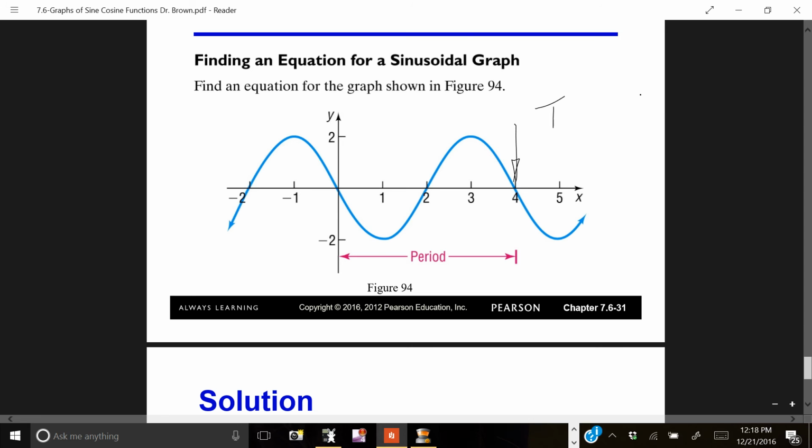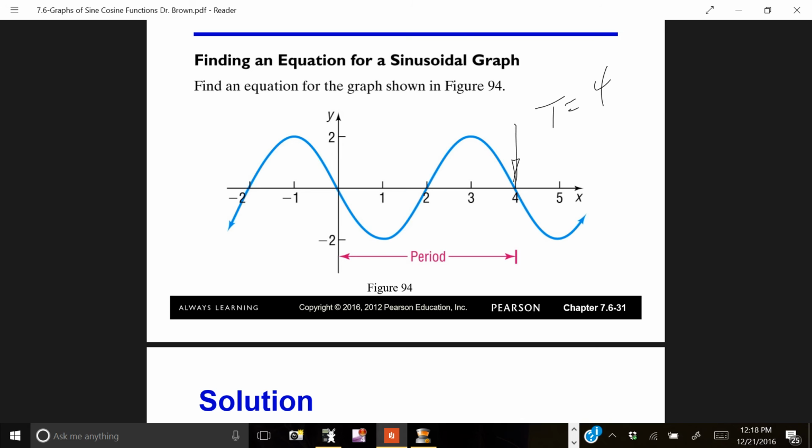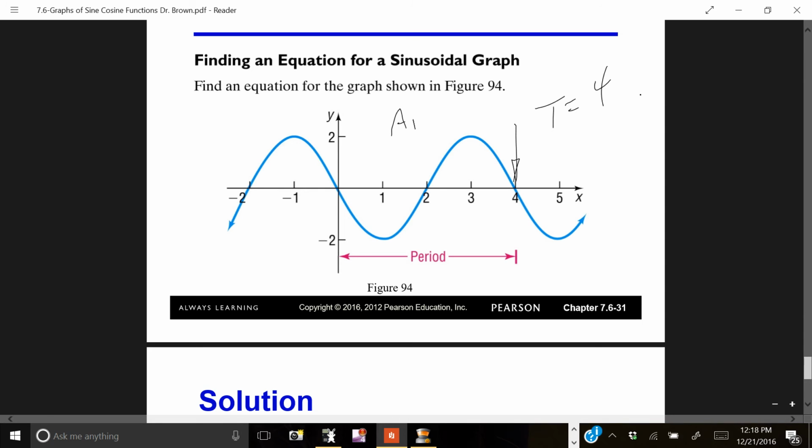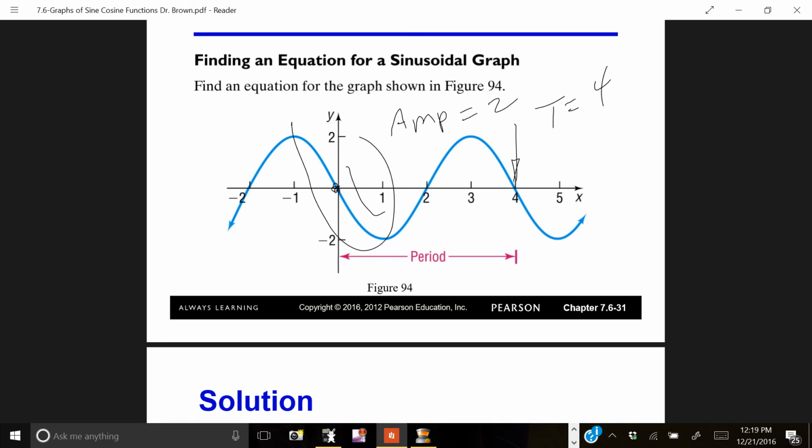The period is equal to 4. The amplitude is equal to 2. And it's a sine wave because it starts out at 0, but it's going down first. So we want to make this a negative sine wave.